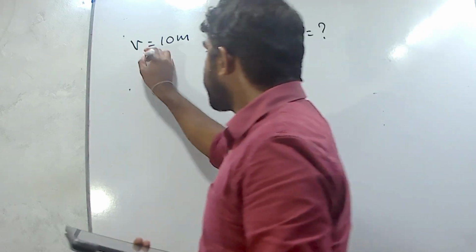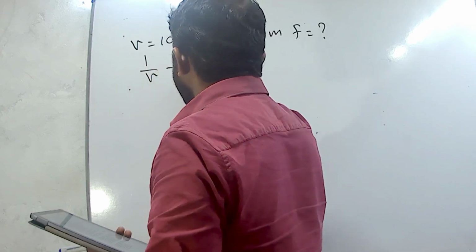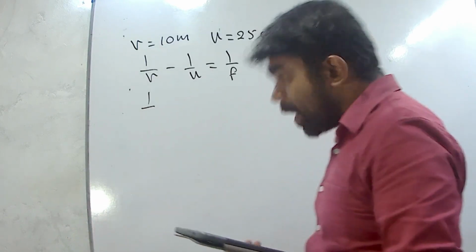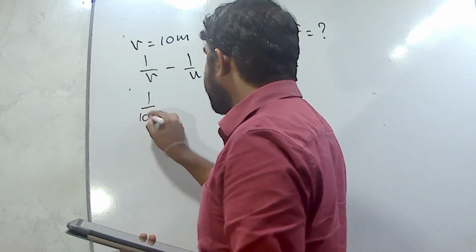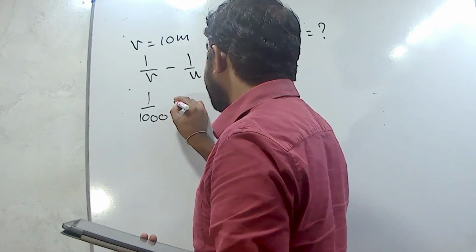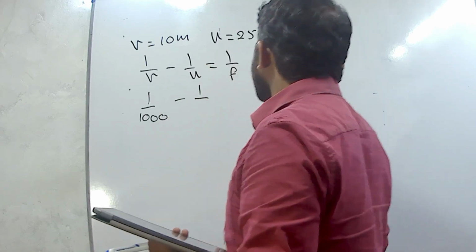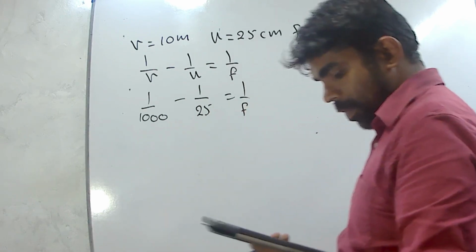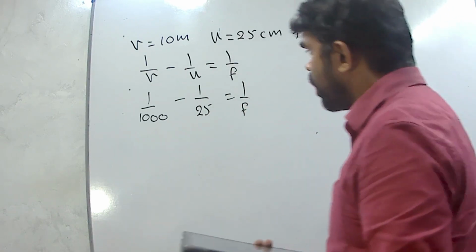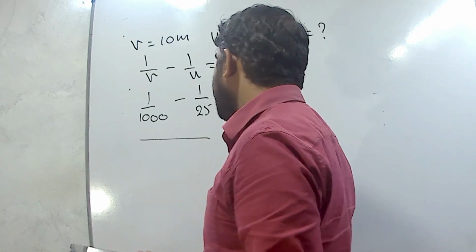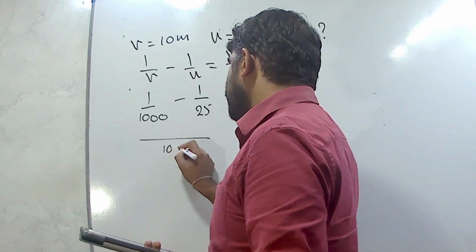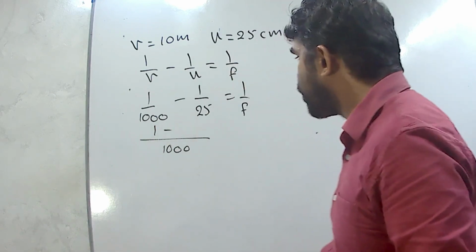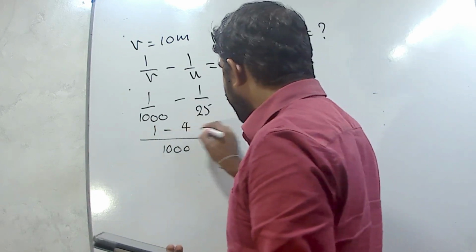Then we can use 1 over v minus 1 over u equals 1 over f. 1 over v, image distance, is 10 meters. 10 meters means 1000 centimeters. U value 25 centimeters, we have to find f. Then we can get the LCM. 1000 divided by 1000, 1, minus 1000 divided by 25, 40.